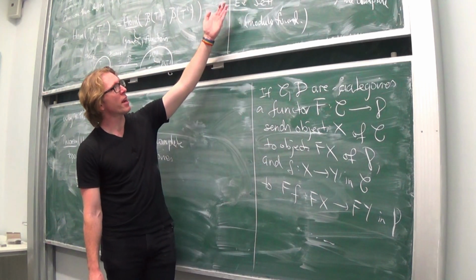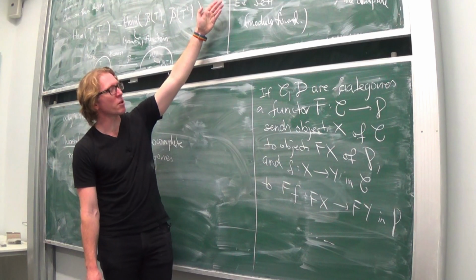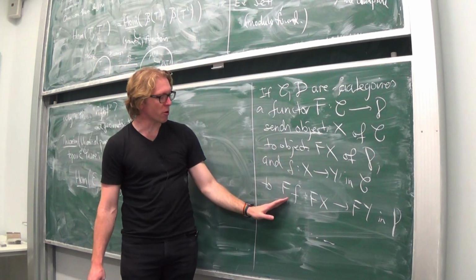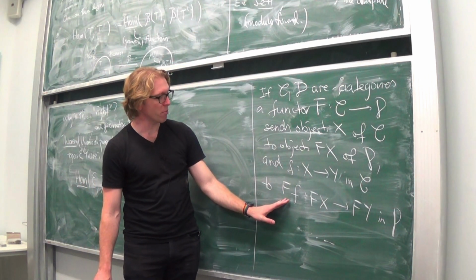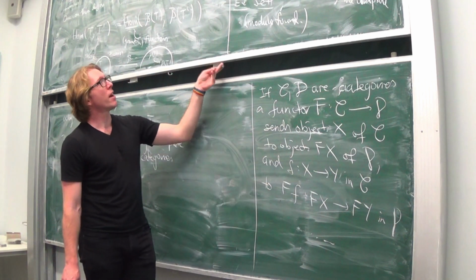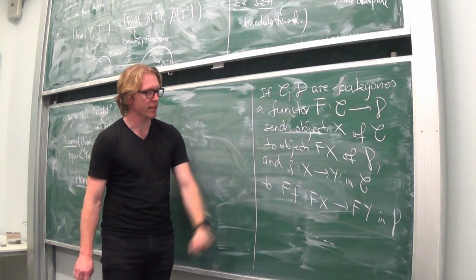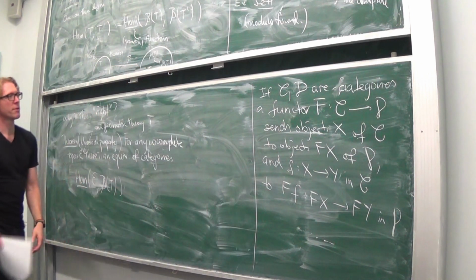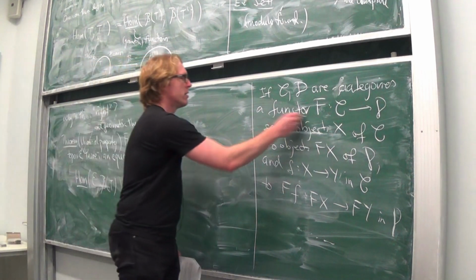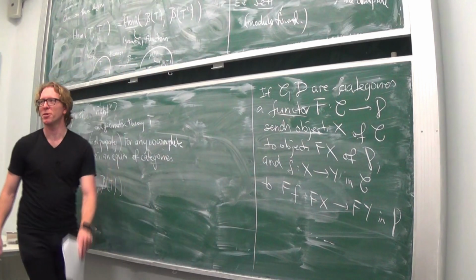What are the operations in a category? Well, you have a binary operation, which is composition. So applying F to a composite should be the composite of F applied to the terms inside. And you have a zeroary operation, if you like, the identity. So F should send the identity to the identity. So that's what a functor is.